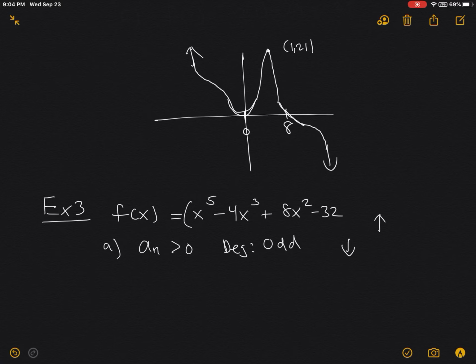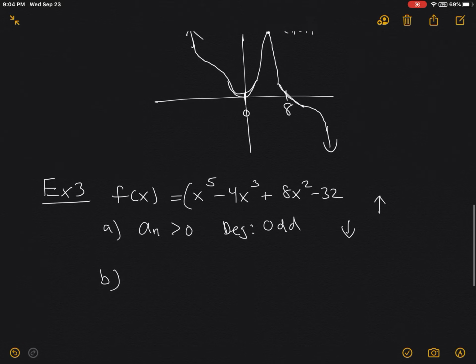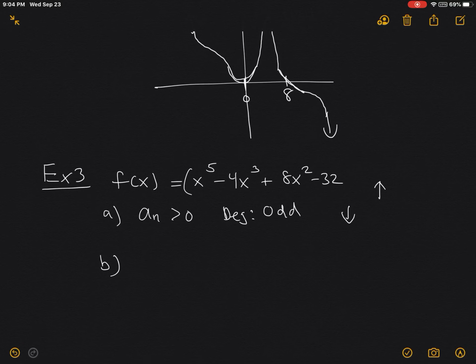So you know the end behavior is going to fall on the left and rise on the right. For part B, we definitely need to factor this to get the zeros, or you could use the rational root theorem, which is in the next section, but I haven't taught it to you yet, and we'll get there.